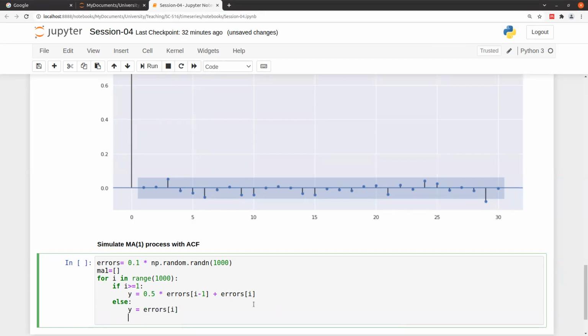Then I'm going to append these values to the MA1 process. Then I convert it to a NumPy array. Then it's easy to plot.